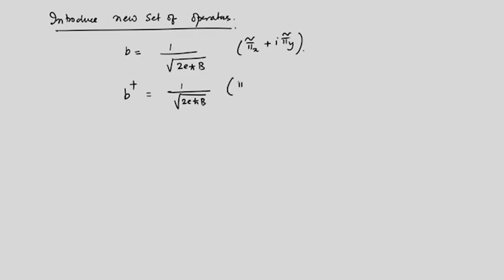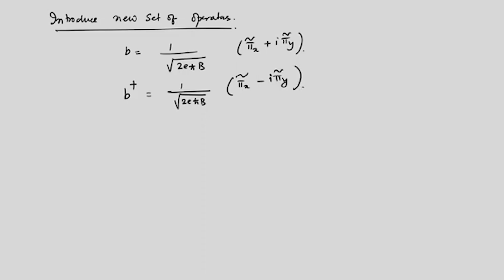The new set of operators are: b, which is equal to 1 divided by the square root of 2 e h cross B, times (pi x tilde plus i pi y tilde). And b dagger is of course the same with the minus sign inside the bracket: (pi x tilde minus i pi y tilde). Okay.